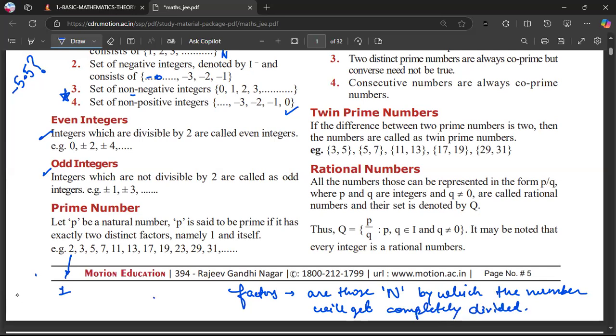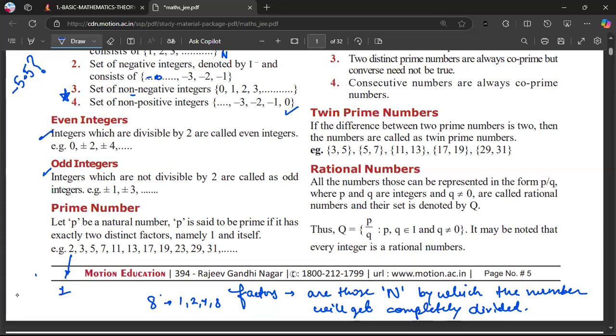Like 8's factors can be 1, 2, 4, and 8, right? All these four numbers will divide 8 completely, and it cannot be 16, because 16 will not be able to divide 8 completely, right?